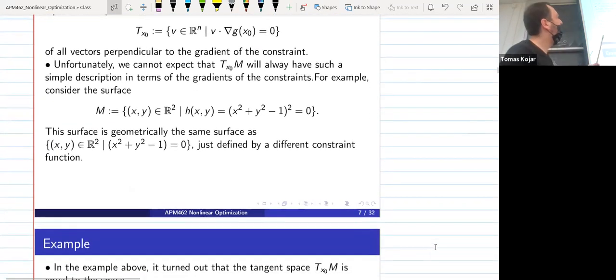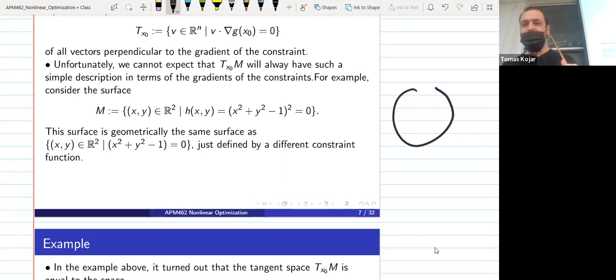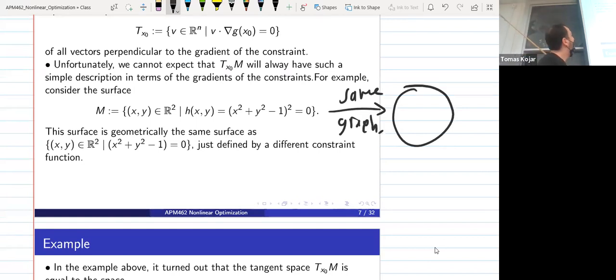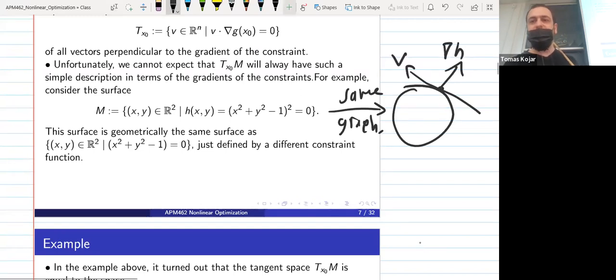Right. So yeah, before I say that, so this guy is the same as the one before. So if you stare at it, it's just again the unit circle, same graph. But right, this is H, and then what we just said, we said that if you want to find the V's, the tangent V's, in theory, you can compute this guy, but here's the problem.